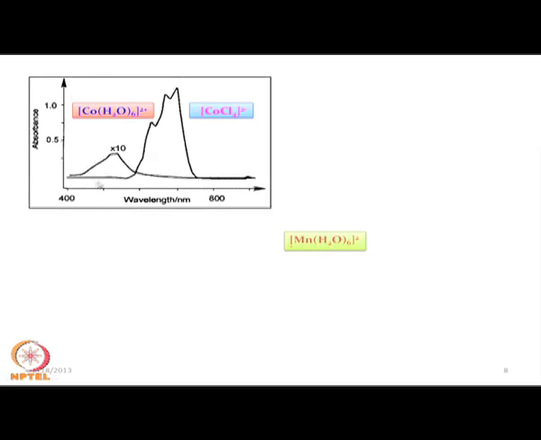So, we have this example we have seen, this is the hexaaqua manganese 2 plus, which is very weakly giving transitions, and in case of these two cobalt compounds, this is very weak, the corresponding lambda max value.